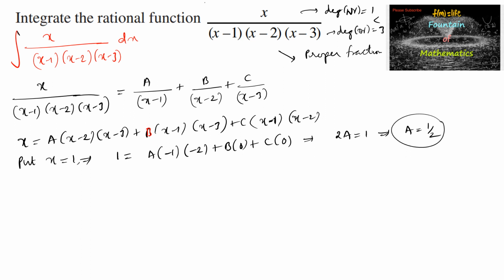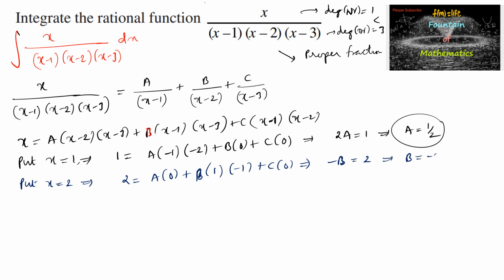And now put x is equal to 2. So we have 2 is equal to a times of 0 plus b times of 2 minus 1, 1, 2 minus 3 minus 1, plus c times of 0, or we can write minus b is equal to 2. So that is b is equal to minus 2.